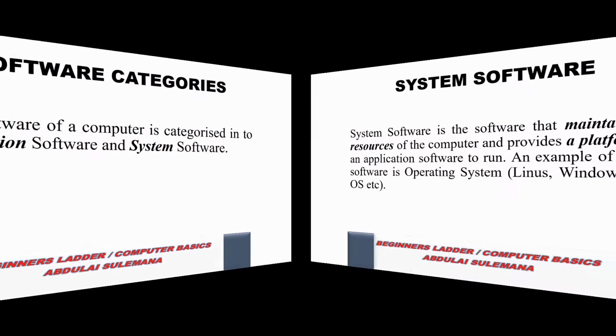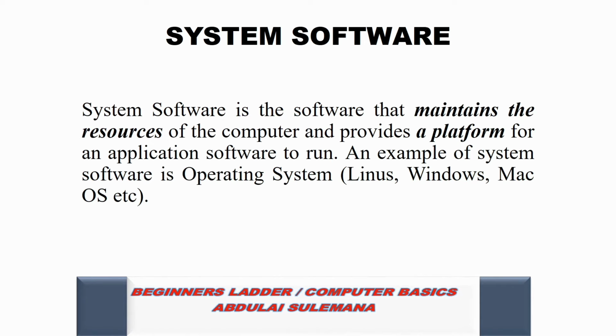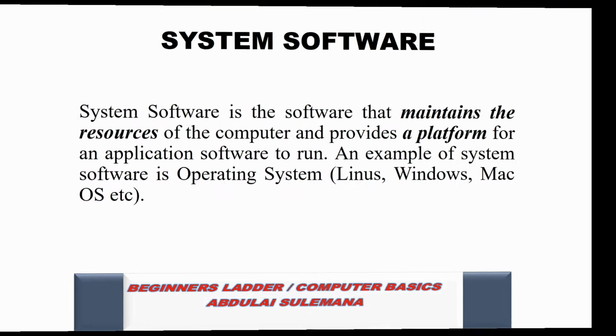What is system software? System software is the software that maintains the resources of the computer and provides a platform for an application software to run. An example of system software is operating system. You can think of Linux, Windows, Mac OS, and others.